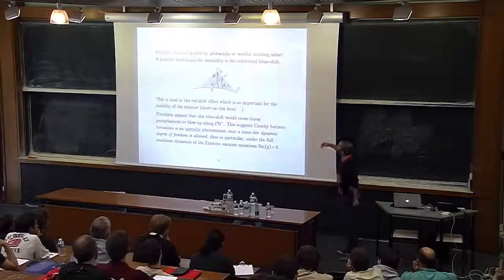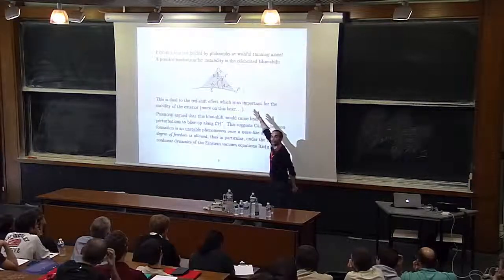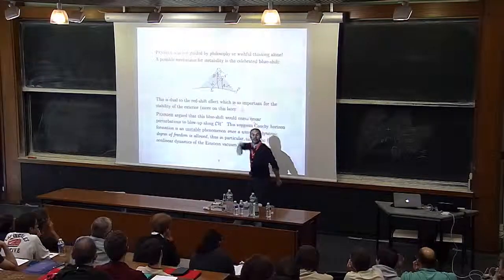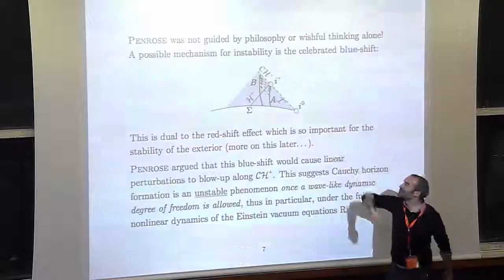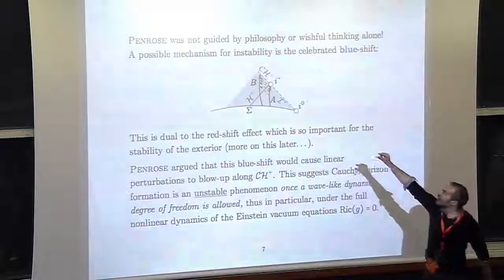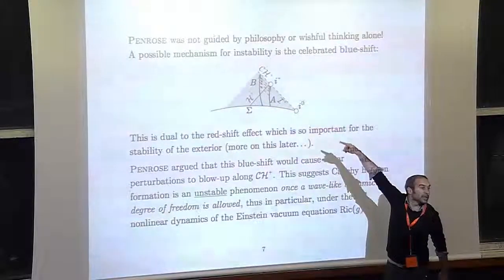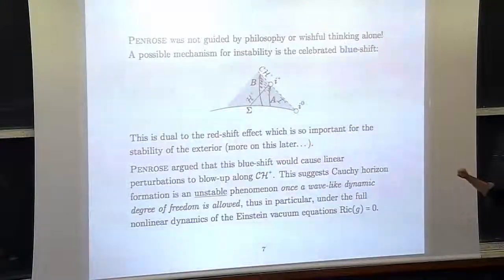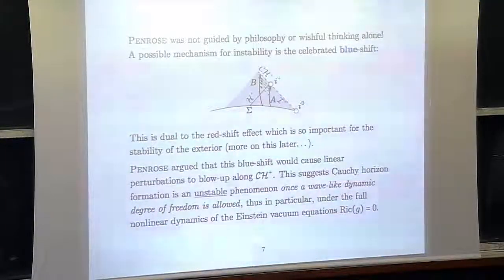And if you imagine that observer A sends a signal at a constant frequency as observer A measures that signal, and you look at the frequency of the signal as it's measured by observer B, then just because the time lengths between the crests, if you want to think about it like that, goes to 0 in B's time, just in view of the fact that B in finite time crosses that boundary CH+, this tells you that this signal is infinitely blue-shifted as B approaches his or her Cauchy horizon crossing time.